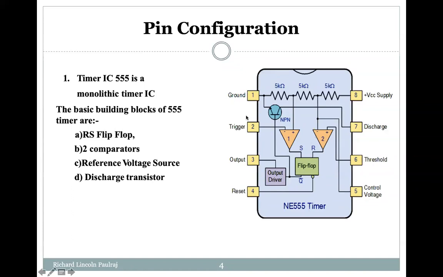Then ground, trigger, output, reset. I have put it up here so that it becomes easy for you to understand. We are using an NPN type of transistor here, and internally it has resistors of about 5 kilo ohms.